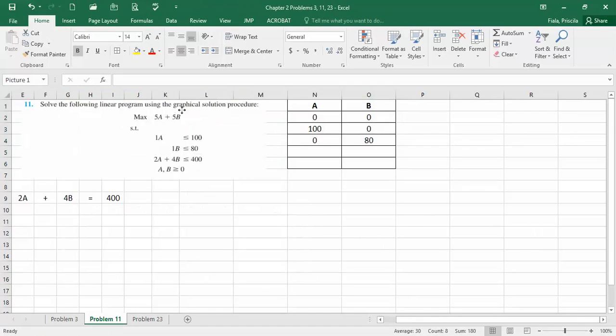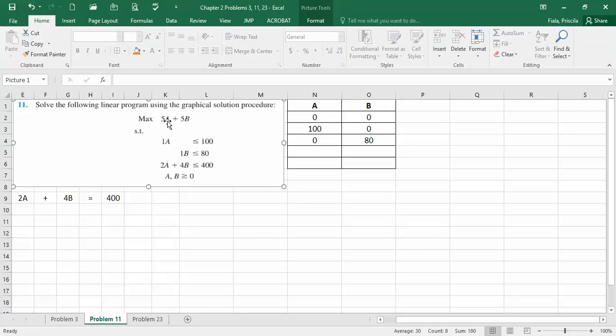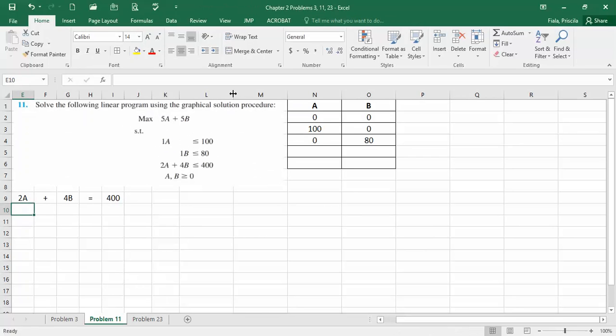I want you to see the table. Now, if I tell you that A is 100, let's go ahead and do 2 times 100 and solve for B: plus 4B is equal to 400, correct?